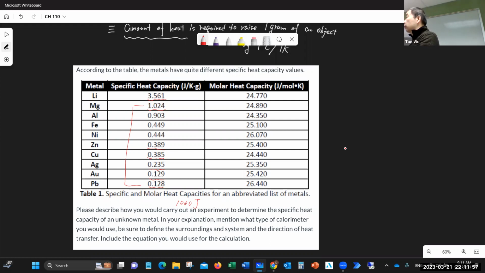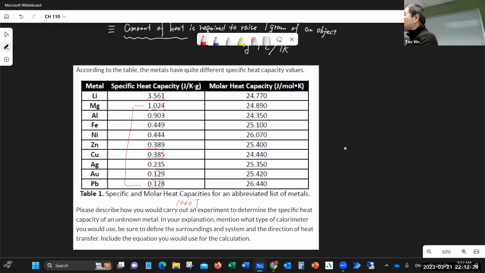Lead, for sure, right? Because to raise 1 Celsius, the lead just needs 0.128. So the same amount of heat can raise lead much higher compared to magnesium. It's about a 10 times difference. So this is the meaning of specific heat.